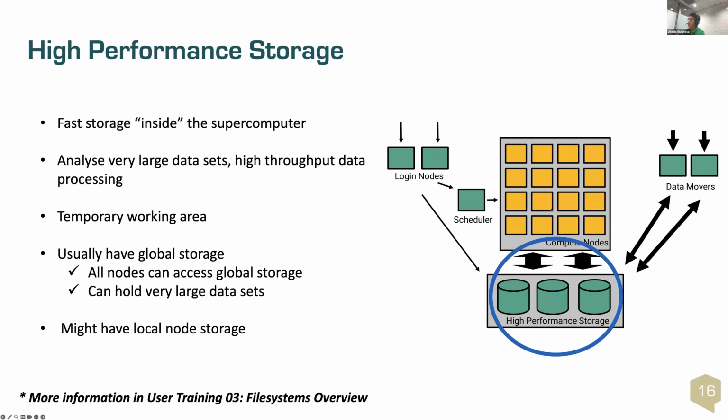Although each of the nodes has some local storage for its own purposes, that data cannot be read from other nodes. So if data needs to be shared with another node, it needs to be read back from the node's own local storage and sent via the Slingshot interconnect to the other node.